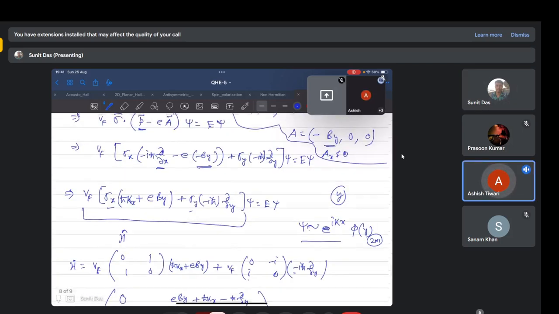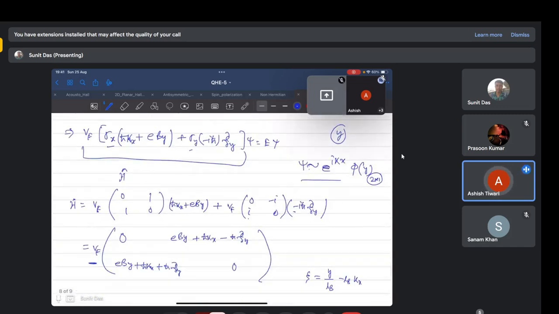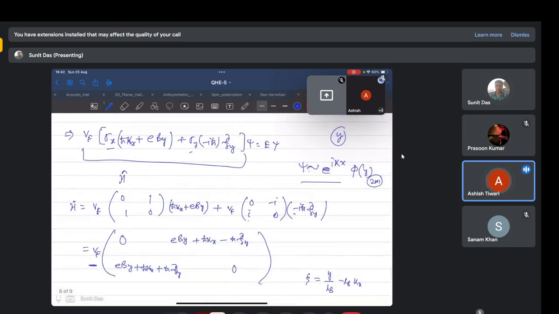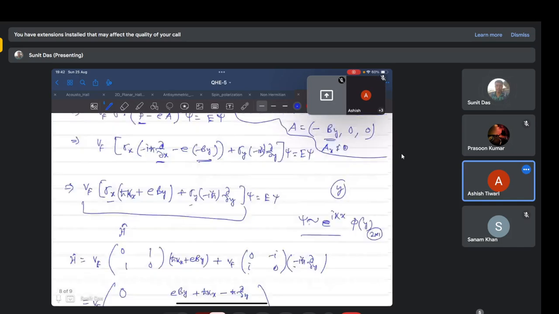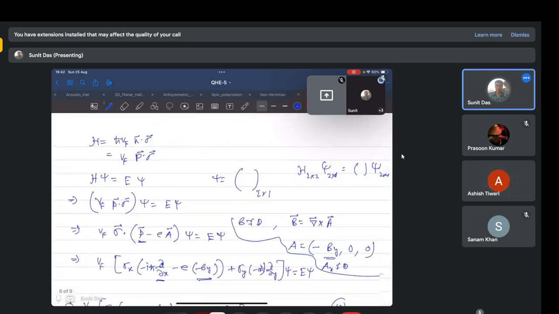I think you have the complex conjugate, right? So in the matrix minus h cross kx is there. I think it may be wrong. Maybe I left one minus sign.